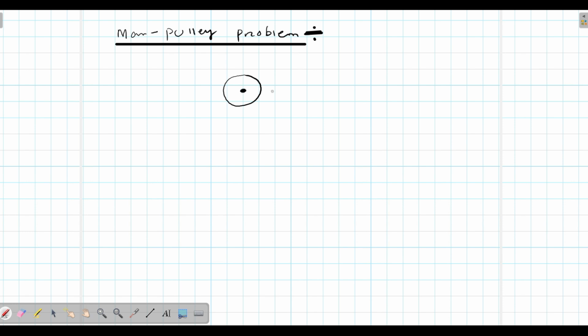Next is the mass pulley problem. For the mass pulley problem, this is the pulley arrangement.